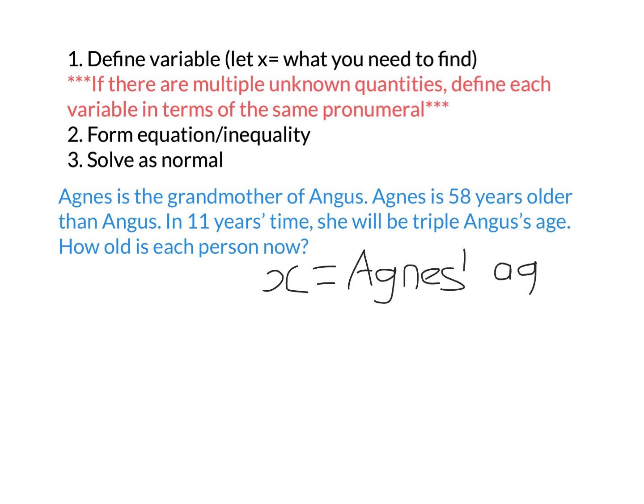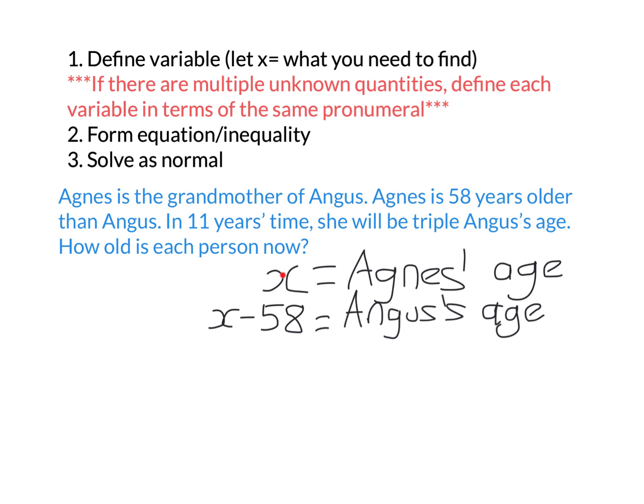So what we need to do is write Angus's age in terms of Agnes's age. We need to write Angus's age using an x. We can't introduce another pronumeral. We don't know how to solve equations with two pronumerals. So if Agnes is x and she's 58 years older than Angus, Angus's age is just whatever Agnes's is minus 58.